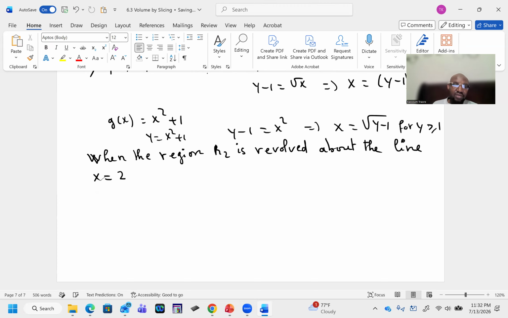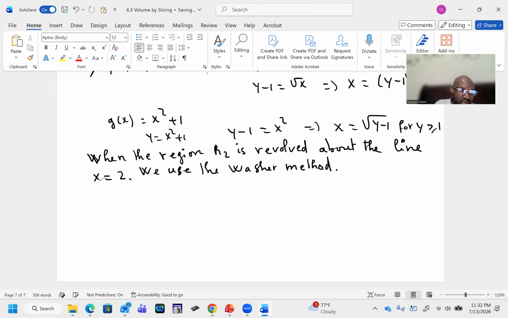The washer method, because g of y is not 0, f of y is not 0, right? So we use the washer method.